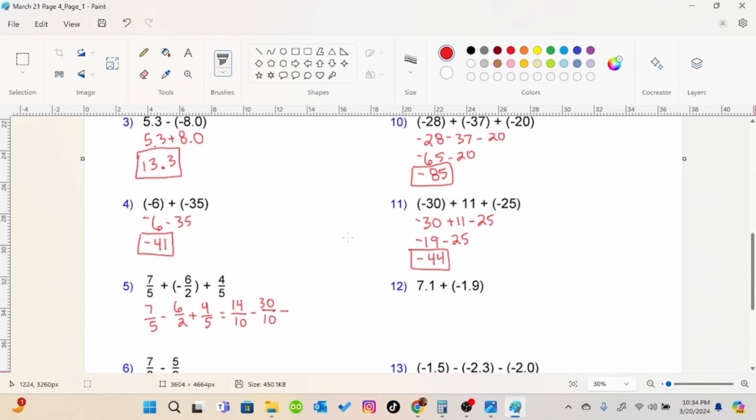And 4/5 becomes 8 over 10 by multiplying top and bottom by 2. 14 minus 30 equals negative 16.